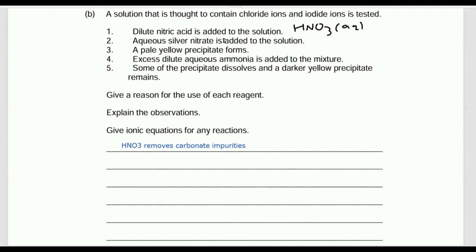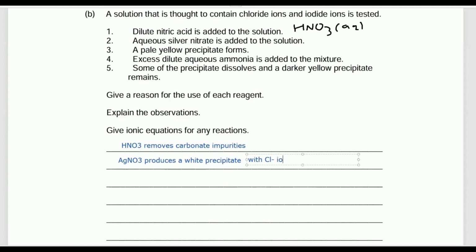Now, aqueous silver nitrate is added to the solution. Aqueous silver nitrate is going to produce a precipitate. AgNO3 produces a white precipitate with chloride ions, right?